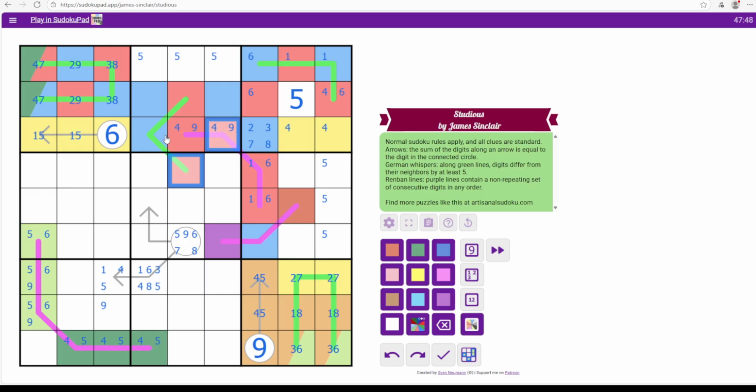I do just generally feel like 4 being on red forces 4 in there. It's not exactly forced. Oh yeah, 4 can't go there, 4 can't go there, 4 can't go there, 4 would have to go there.